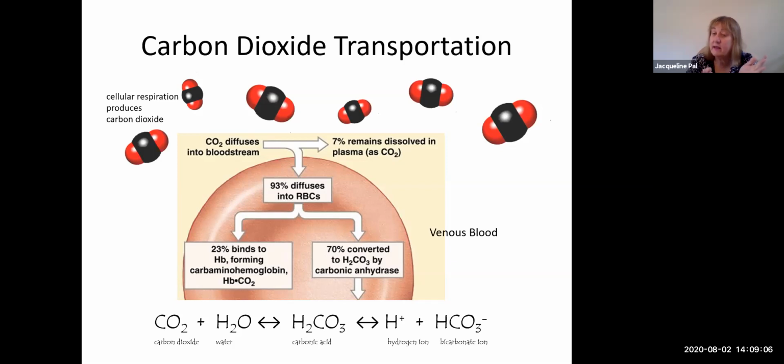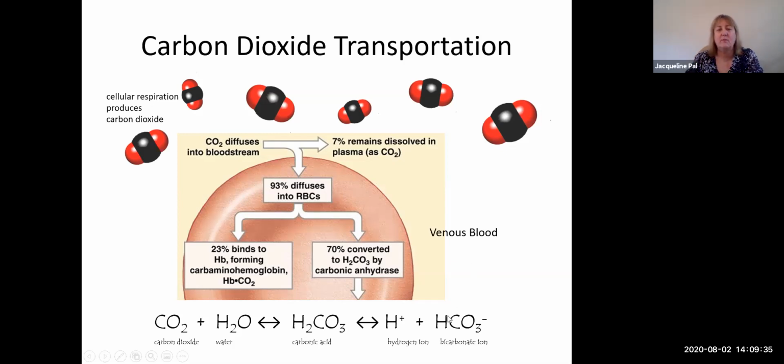But it actually doesn't stay in that form, because the same enzyme that makes this also helps break it up. And what it's going to do is form two different ions. The first thing that's going to happen is we are going to lose a hydrogen ion, which is an H, and you have to put the little plus sign that shows it's an ion. If you subtract one hydrogen from the H2CO3, that leaves you HCO3.